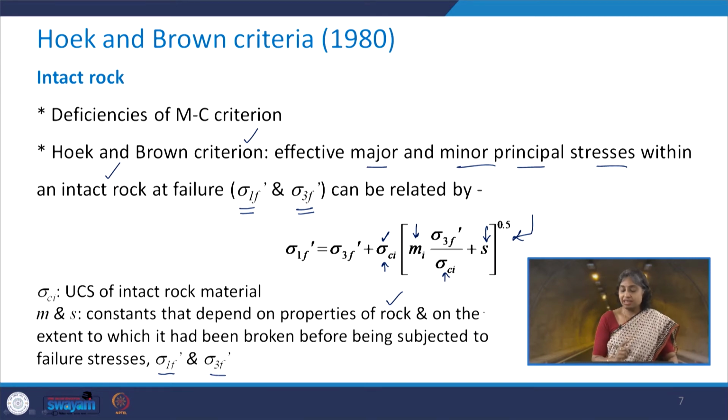Although we say here that this sigma ci is the UCS of the intact rock material, as far as its determination is concerned, we try to find this out as one of the fitting parameters only and do not rely on the test that we conduct under uniaxial compressive condition and assign this value from the test.